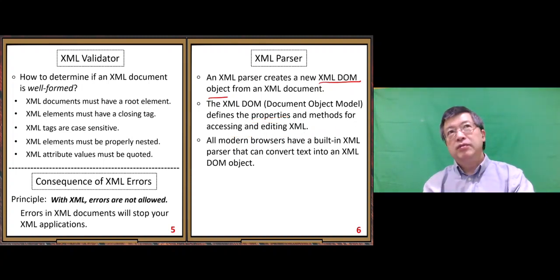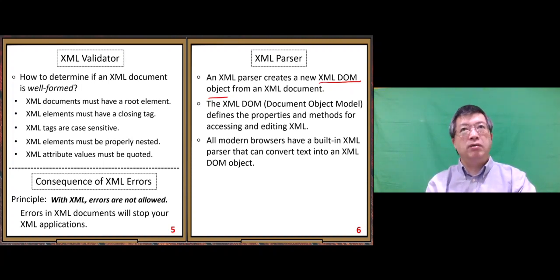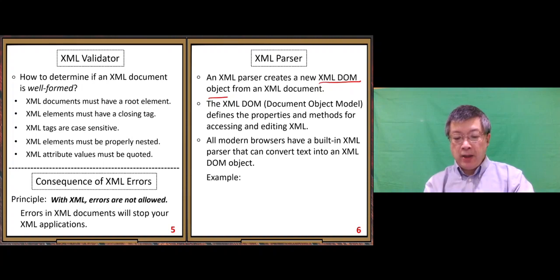Many programming languages have XML parsers too. Java has an XML parser, so we can call some special classes to access, to parse, and to extract content of XML data.